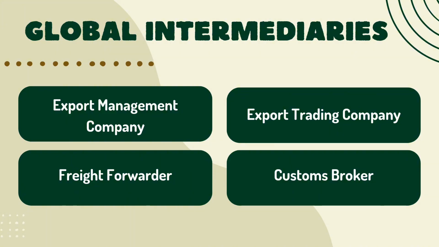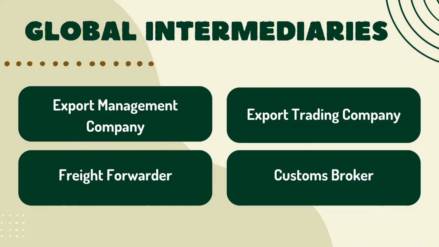Essentially, an export management company acts as an export department for a company. If a company wants to start selling its product in other countries but doesn't have the knowledge or resources to do so, it can hire an export management company to handle everything for them. This includes things like finding customers, arranging shipping, and dealing with paperwork.